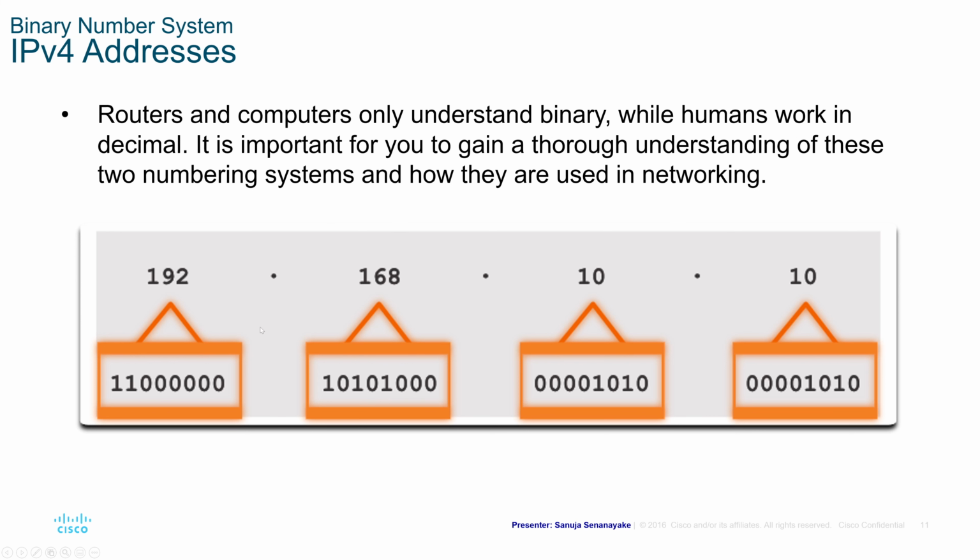This is what you and I will be entering into Cisco devices as well as end devices. However, computers, switches, and network systems, including routers and everything in between, understand the values in binary. That's why you need to understand the differences between the binary and decimal systems.